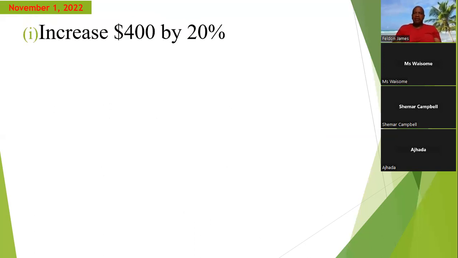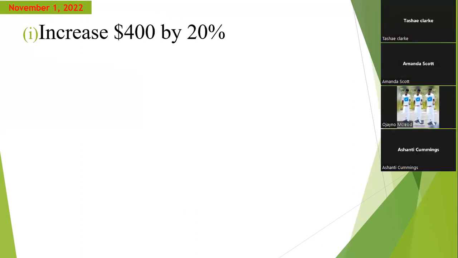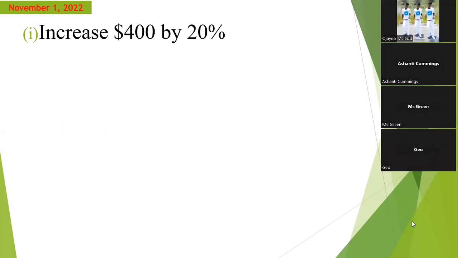And here we have another question that asks to increase 400 by 20%. And what is it that we would actually do in this one? Let me ask Miss Cummings, you want to walk us through this one? Yes, sir.